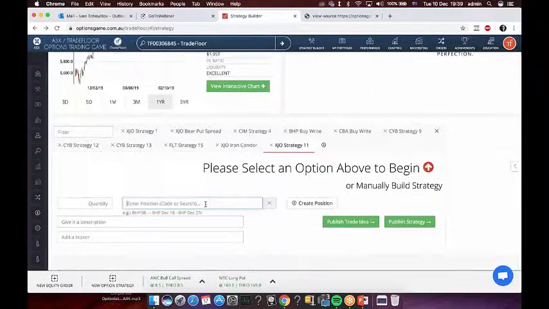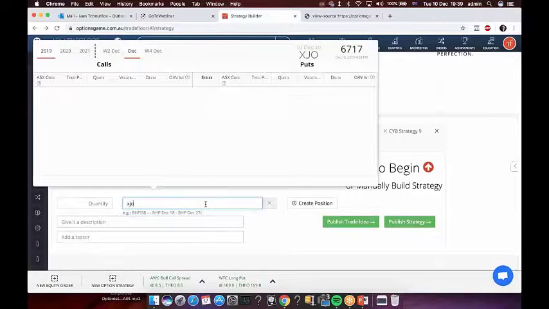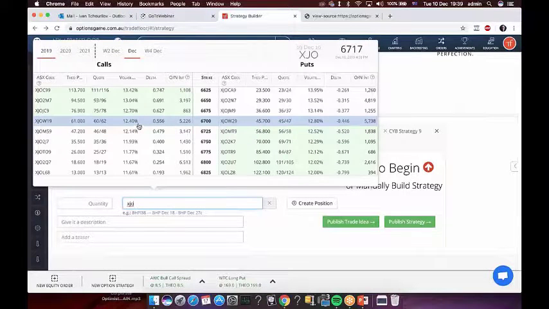So if we go over here and look at an XJO strike, in this case 6,700, expiring on the 19th of December 2019, which is right over here, the 55.6 delta means that there is about a 55% chance of that option expiring in the money.